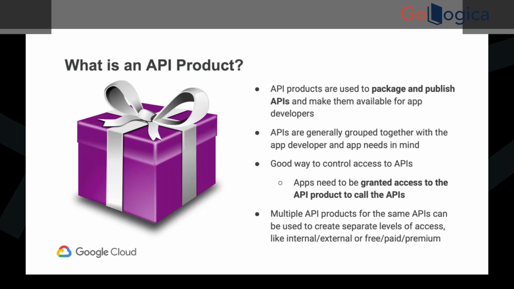We call it an API product. Basically, an API product is a package of the APIs which you are going to publish for consumption to the consumer.